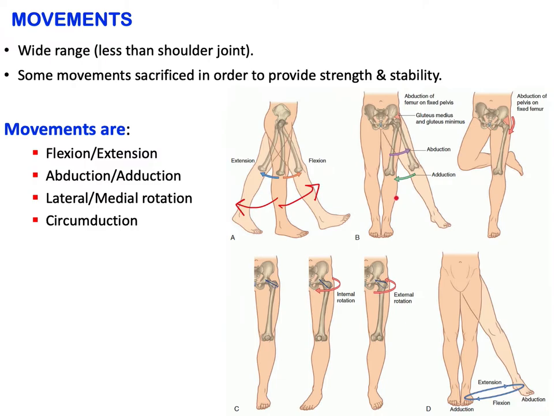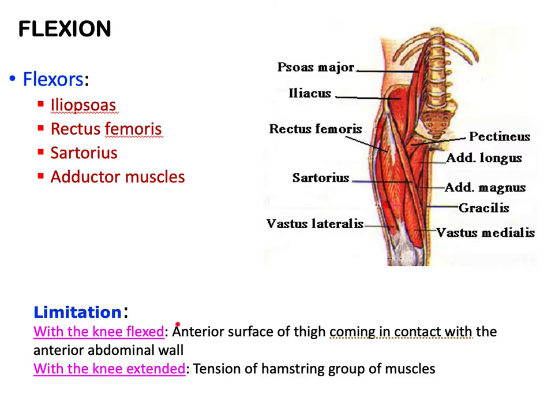You can also abduct your leg, or the hip joint or lower limb, away from your body, and you can also adduct it. So we have flexion, extension, adduction, and abduction. Also you have external rotation, or lateral rotation, and medial rotation. All of these can be conducted as circumduction. Flexion, extension, adduction, and abduction will form circumduction.